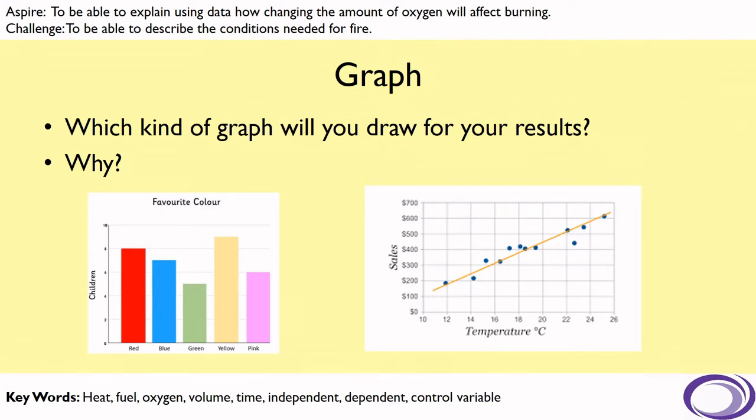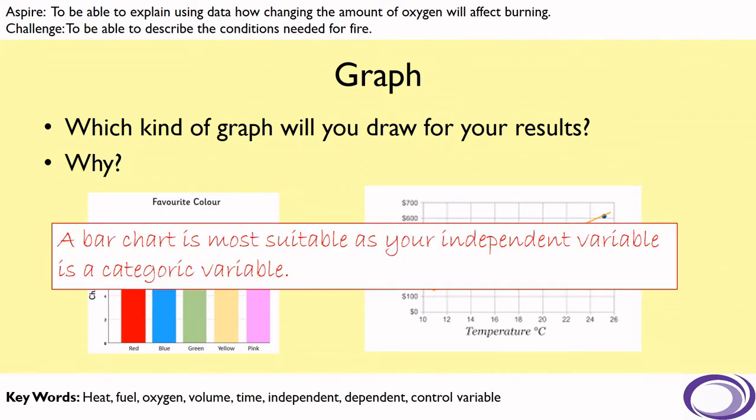Now, the type of graph we will draw is a bar chart. Now that is going to be the most suitable as the size of beaker, our independent variable, is categoric. Were we to use the volumes of the beaker, then that would have been a scatter graph with a line of best fit. However, these weren't measured and weren't accurate because we were adapting the beaker to close the seals.